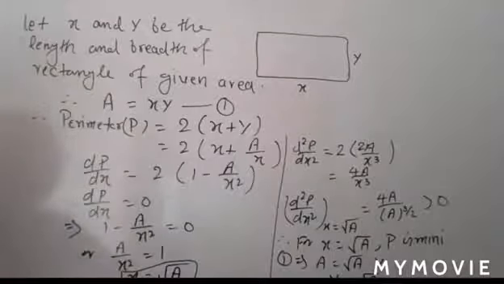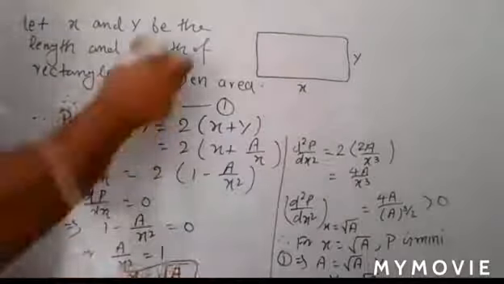You have to prove this one. It means a rectangle which is inscribed in a circle, meaning the rectangle is within a circle, and you have to prove that its area is maximum when the rectangle is a square.